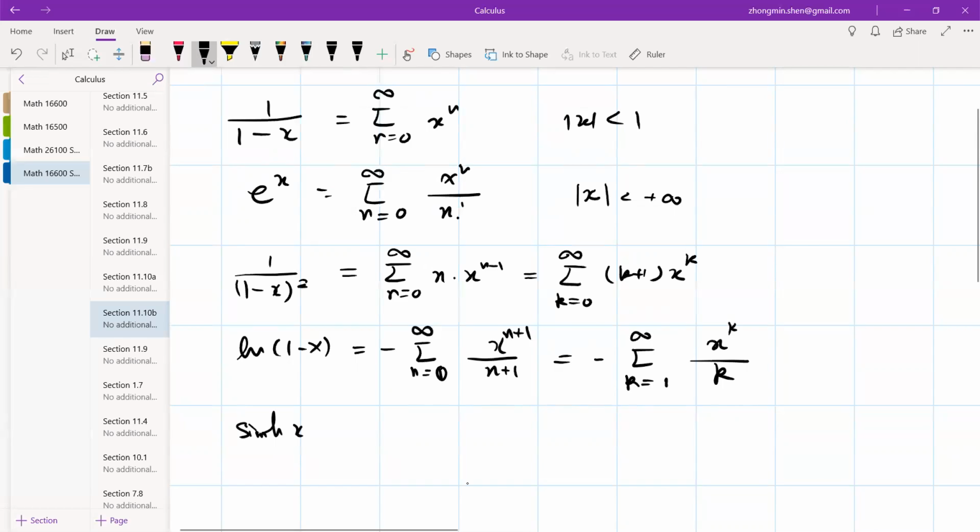All right. Now, if you view this one as half of e to the x minus e to the negative x, then you can get the power series representation for hyperbolic sine x. I forgot the detailed formula, so let's write it down. The formula here is minus.